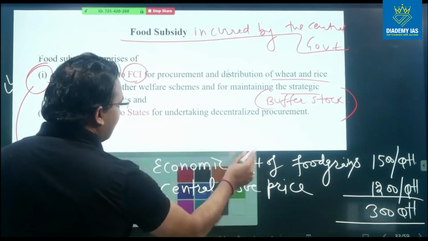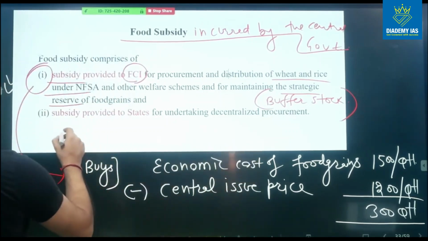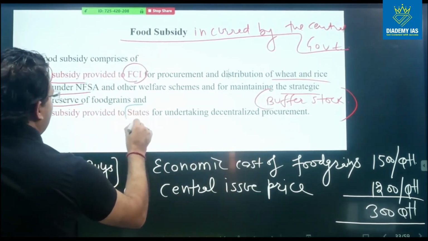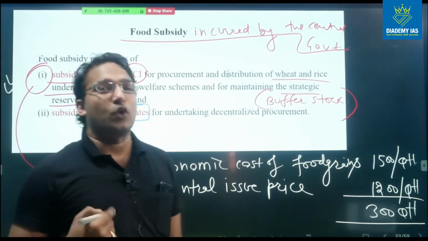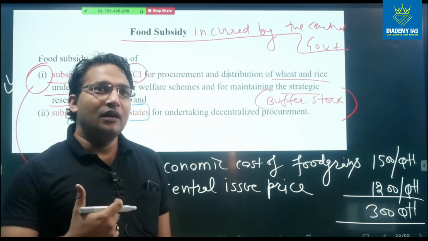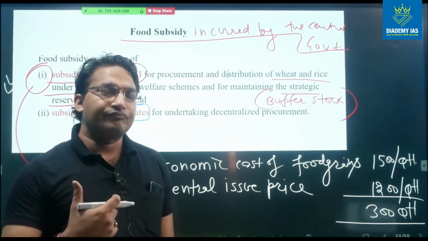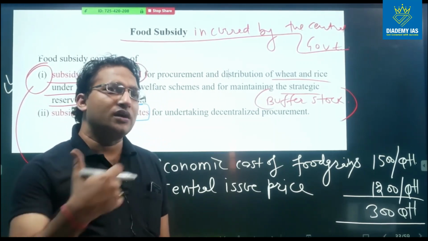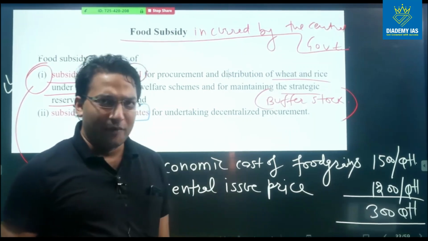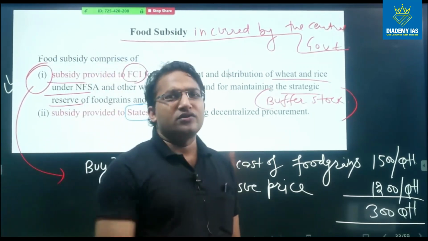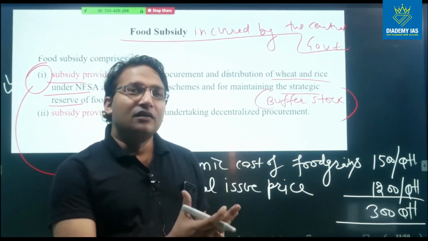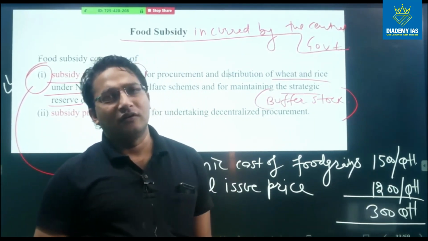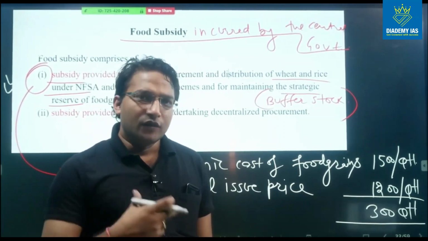The second part of the food subsidy is that many a time the state governments also take up decentralized procurement. For example, the center says to the Punjab state government that please procure yourself, because you have a very good harvest, and you utilize that food grain yourself. What is the benefit?